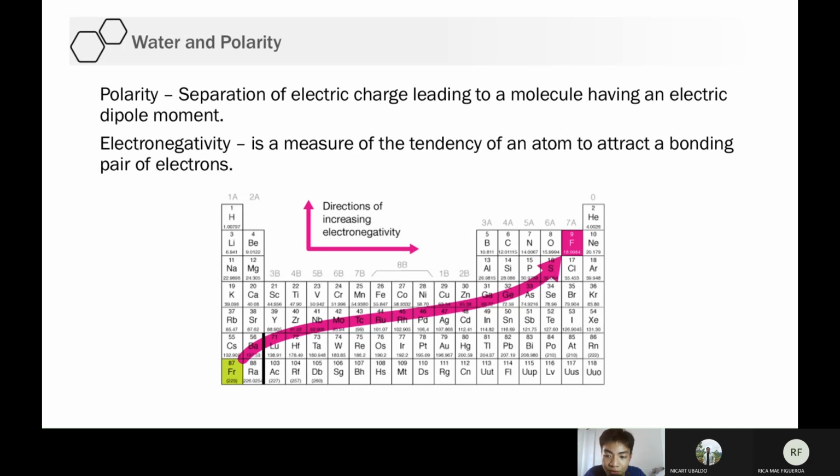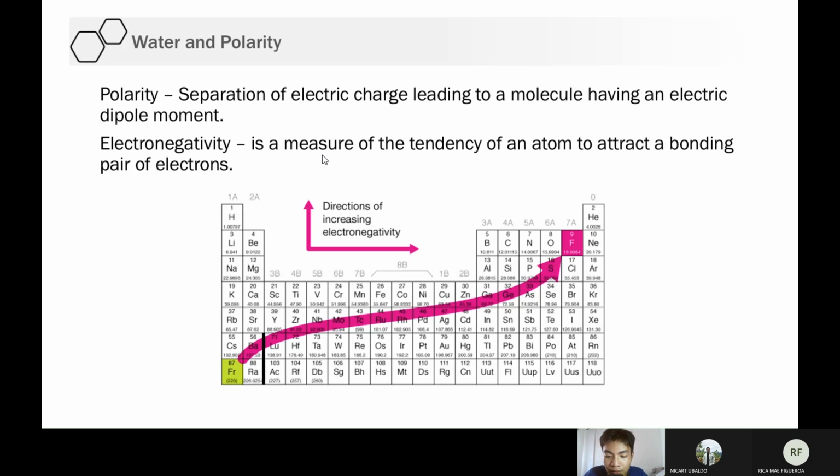If your charges are distributed evenly, then ibig sabihin non-polar yung iyong molecule. However, if your charges are not distributed equally, ibig sabihin one side of the molecule has more electrons than the other, then dun nag-exist ang polarity. So nagiging polar yung molecule nyo.